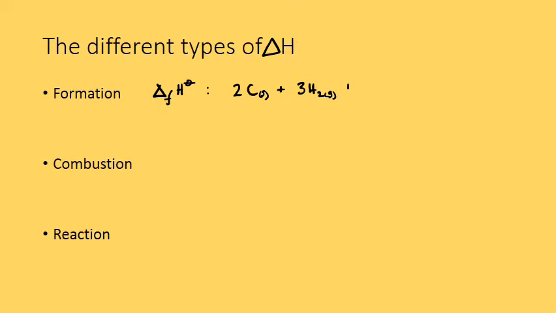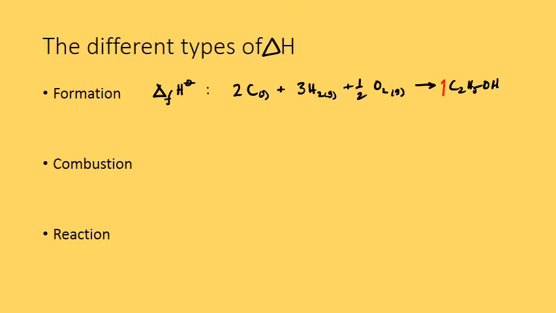Alright, and then we've got half a mole of oxygen, and again oxygen is going to be a gas at 298 Kelvin, and so they are all the elemental reactants, and so when they react they're going to form, so it's a delta H of formation, they're going to form the compound C2H5OH.